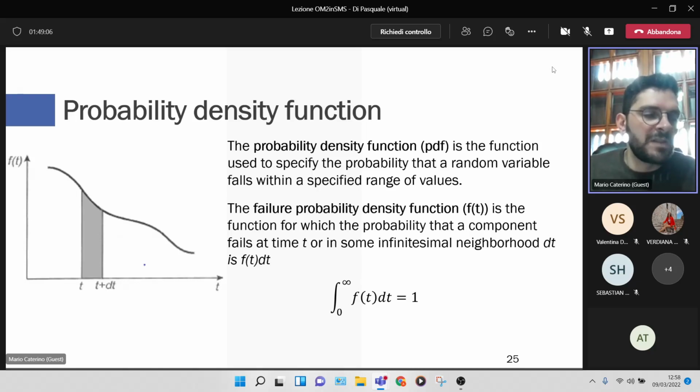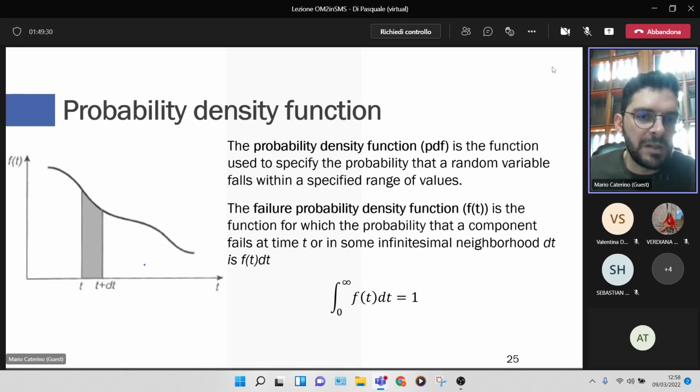Now, if you consider what we have said before, that a system when the time t tends to infinite has to fail, we can say that the integral between 0 and infinite of f of t dt is equal to 1.